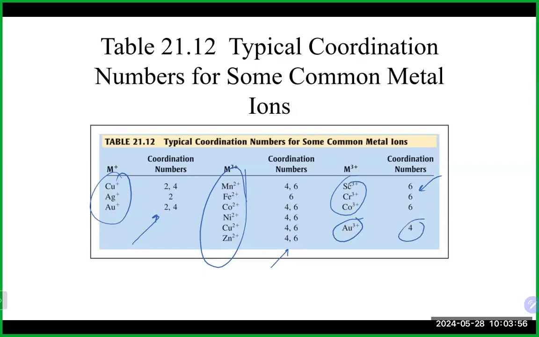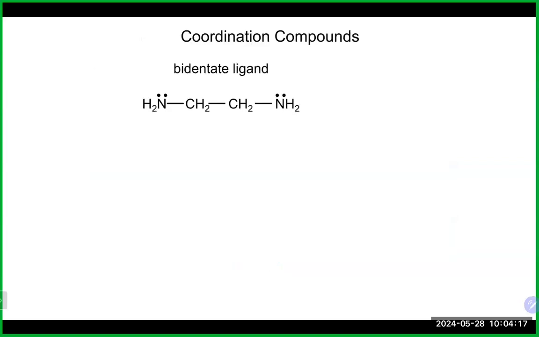The larger the positive charge, the more electron deficient it is, which means it's going to be able to accommodate more electrons coming in. So it's going to be able to accept more ligands than something with just a +1 charge, which is not as electron deficient and maybe can't accept as many ligands.